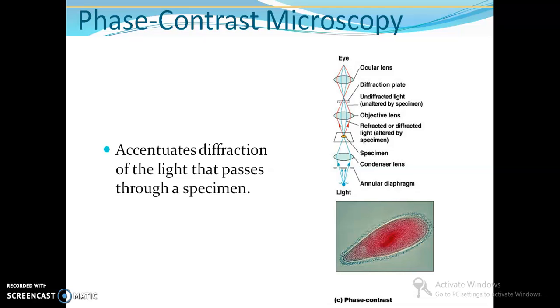Waves that are out of phase by any other amount produce some degree of cancellation and result in brightness less than maximum but more than darkness. Thus, the contrast is provided by differences in light intensity that result from differences in refractive index in parts of the specimen that put light waves more or less out of phase. As a result, the specimen appears as various levels of dark against the bright background.